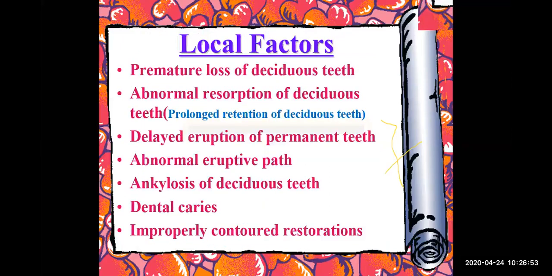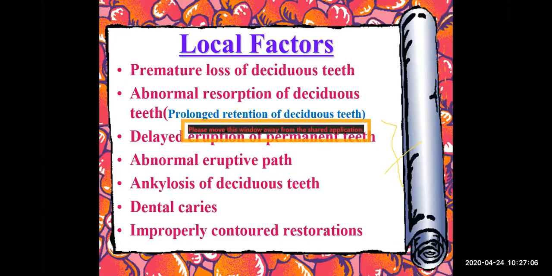In fact, these are complicated cases also. Problems with the local factors are a little complicated. The treatment planning and the mechanics will be very, very complicated. You have to give more focus to the different mechanics, and it becomes not a single department treatment. Such cases will become interdisciplinary. We have to interact with the perio.